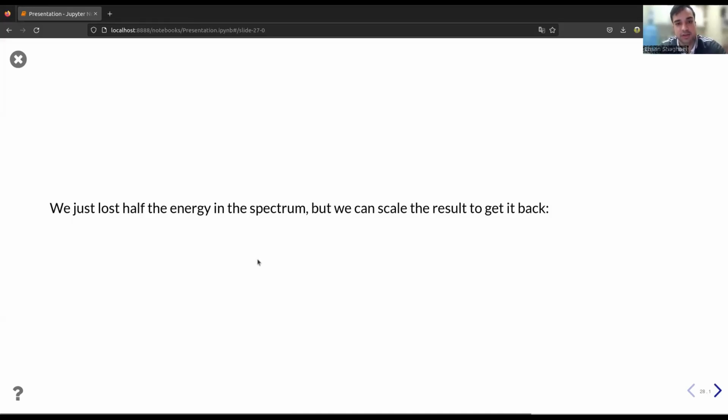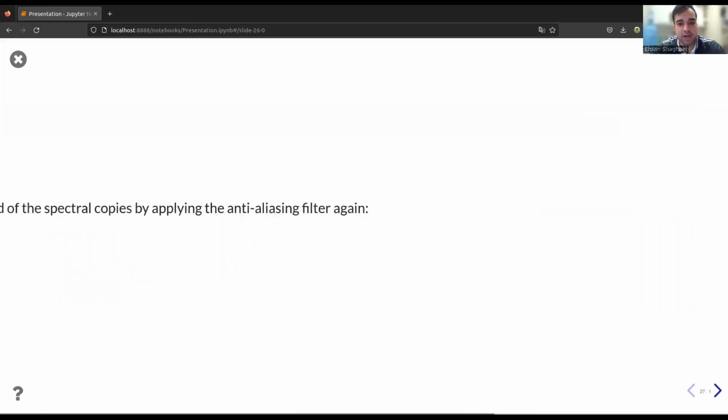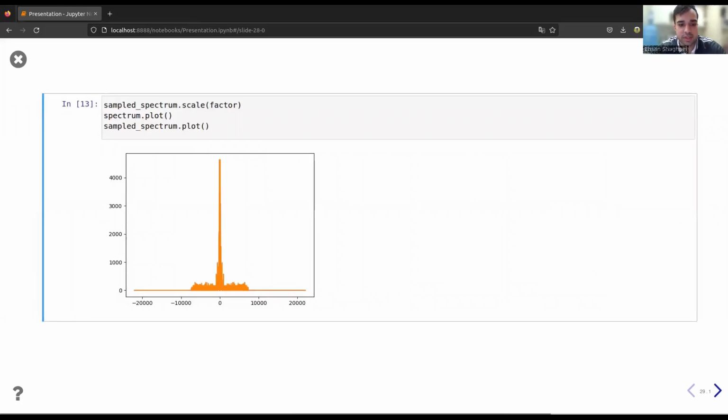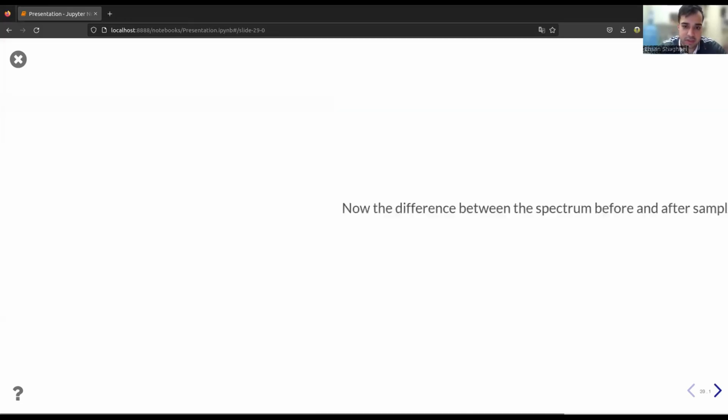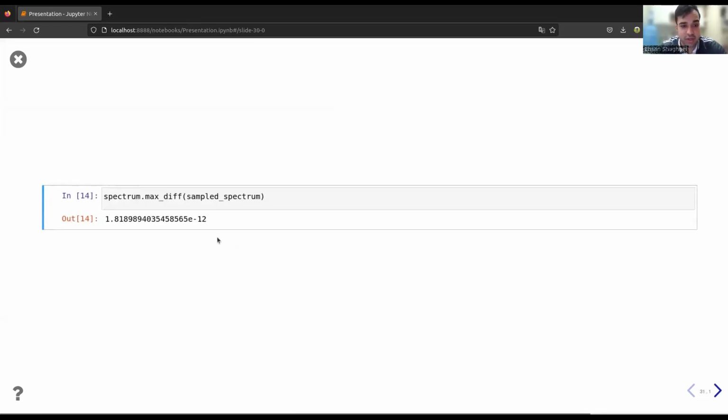Of course, we lost all those peaks we had before, but we still will be able to see what the actual data represents.